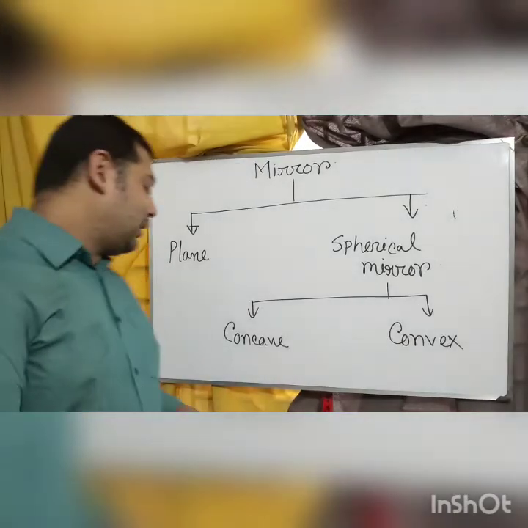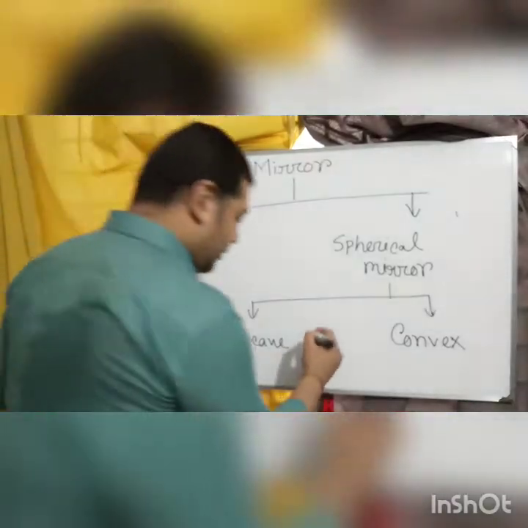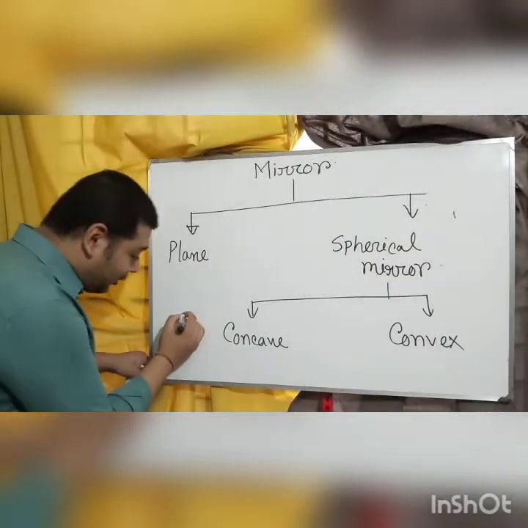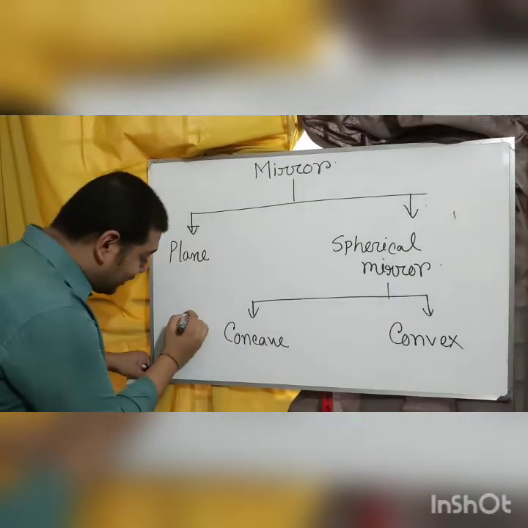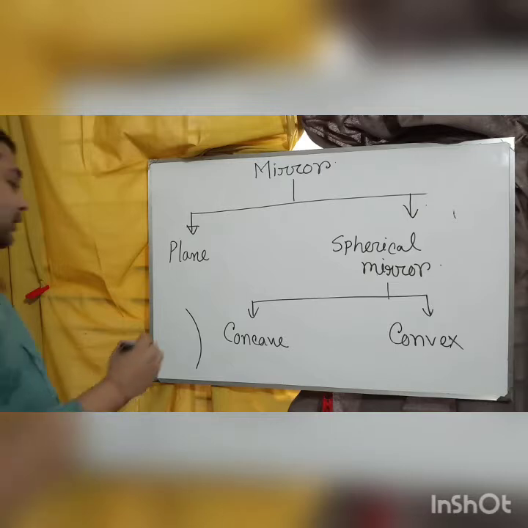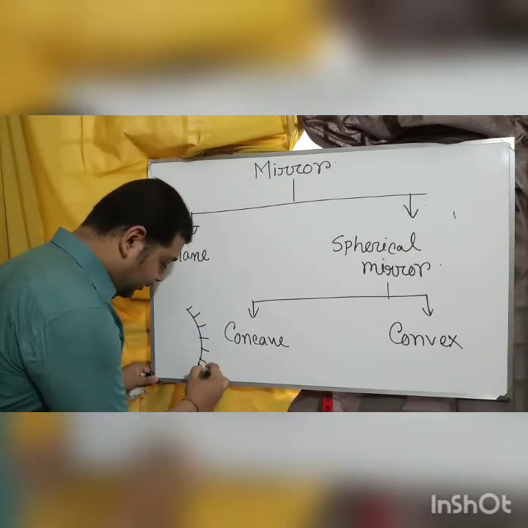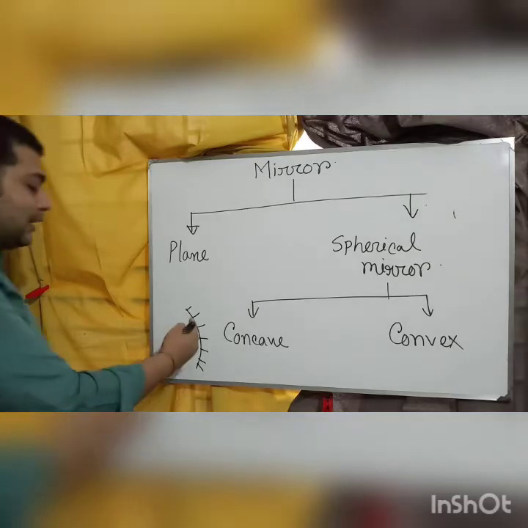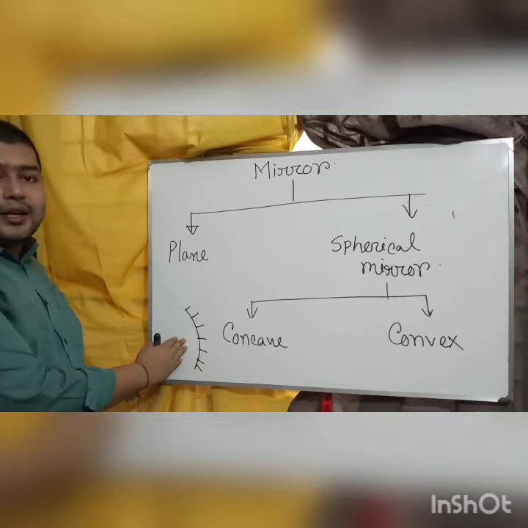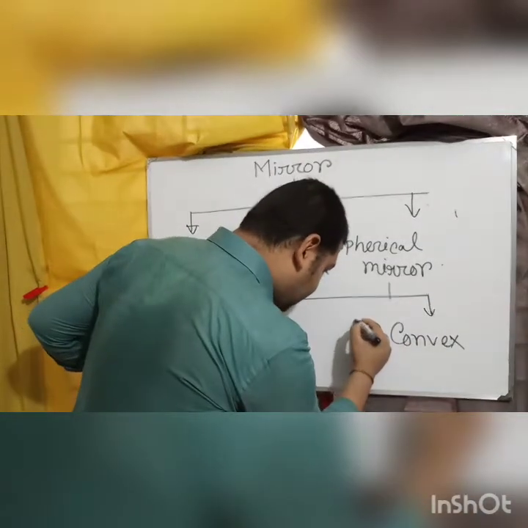And what is a concave mirror? The concave mirror looks like this, and the inner part of the spherical surface is the reflecting surface. And what is a convex mirror?